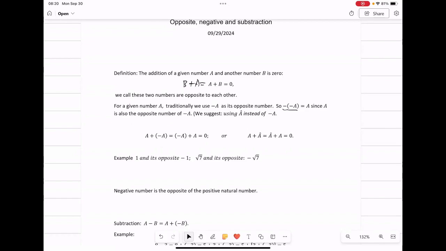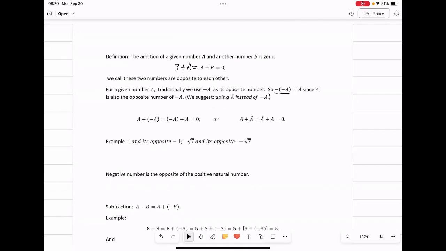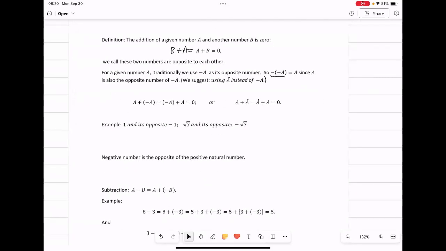Well, actually, we suggest using A hat instead of minus A. You will see the reason later on. Typically, we say that A plus its opposite, minus A, equals minus A plus A, equals 0. Or in our notation, A plus A hat is the same as A hat plus A, equal to 0.